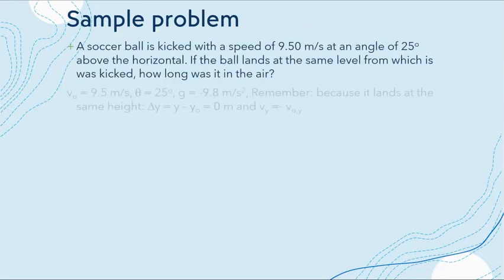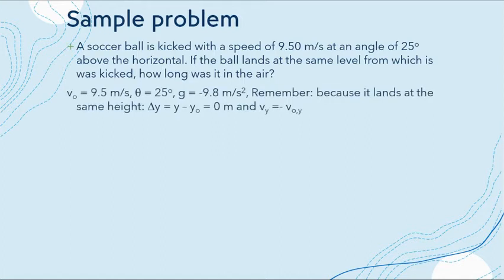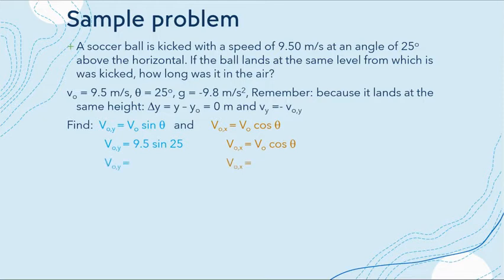So you could solve this using the fact that your v initial is 9.5 meters per second, theta is 25 degrees, gravity is negative 9.8. So we're going to split our v initial y and our v initial x and try to find our time. Well, vy final equals v initial y plus gt.